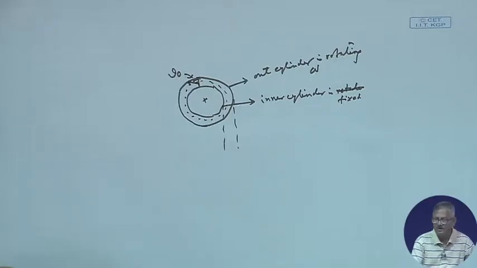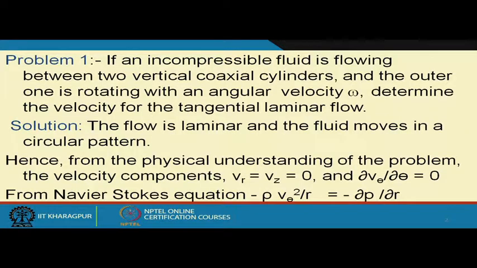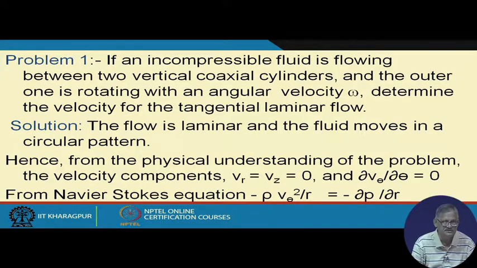Now, if we state the same problem in a different way, where the problem remains explicitly the same language-wise: if an incompressible fluid is flowing between two vertical coaxial cylinders and the outer one is rotating with an angular velocity of omega, determine the velocity for the tangential laminar flow.